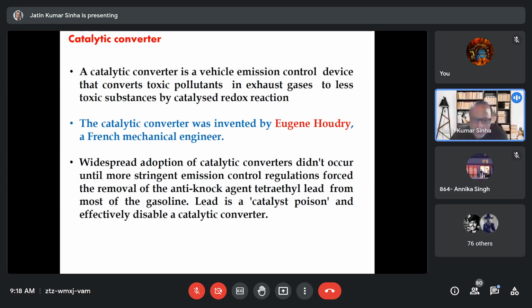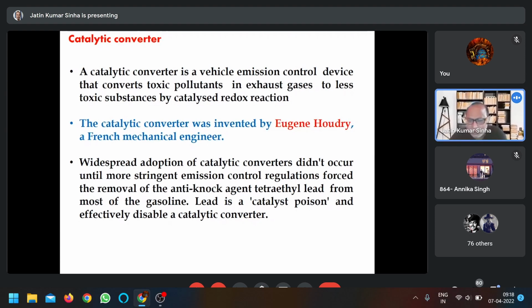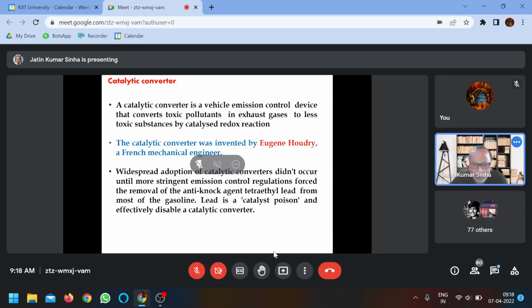Initially, no one was bothered about air pollutants, but later the governments of different countries realized that we have to control air pollution. So they started fitting different types of catalytic converters in different vehicles.